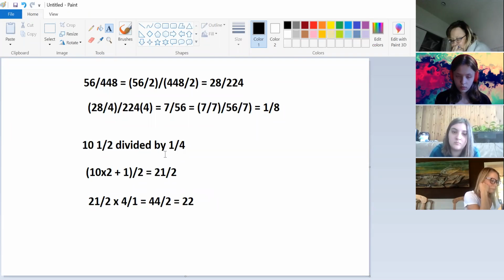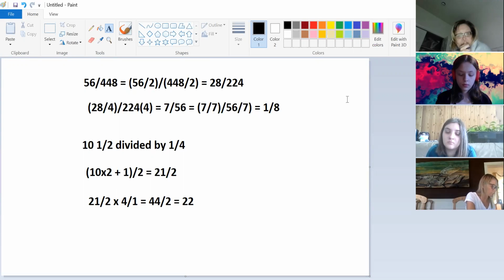If you use your calculator, you could take the 10.5 divided by 0.25 and get the same answer, right? I'm just trying to use math to do it without a calculator. Does that make sense? Everyone see that? Okay. Stop sharing and go back and look at that page again, see what else is on there.